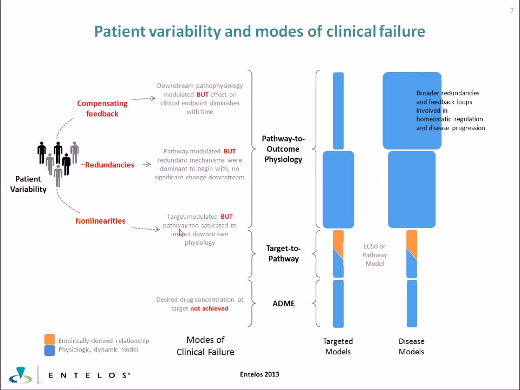For further illustration in this slide, the advantages of large disease models include addressing complex compensating adaptive feedback loops, redundancies, and nonlinearities that are enormously complex in the human body. Insights from those models are likely to be more robust as the model itself includes more data and more rigorous calibration steps.